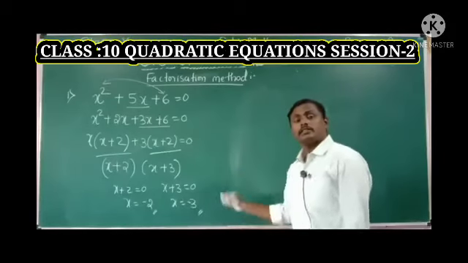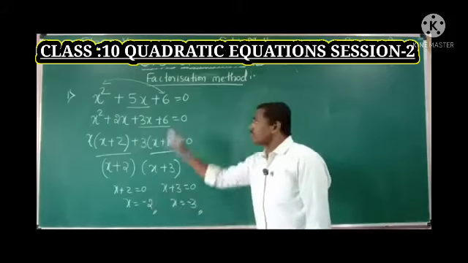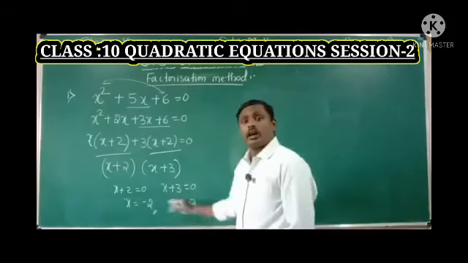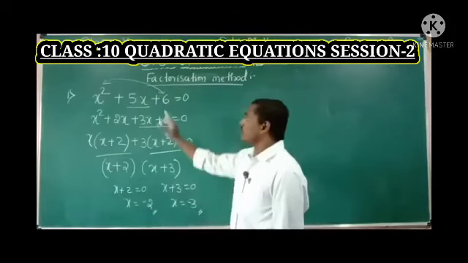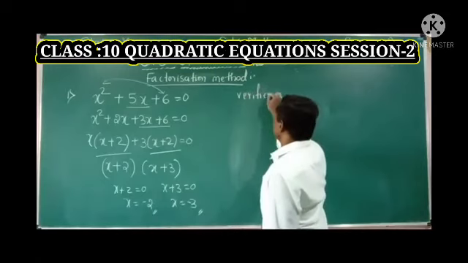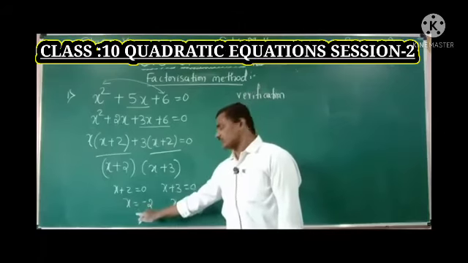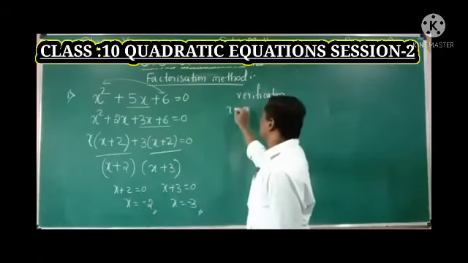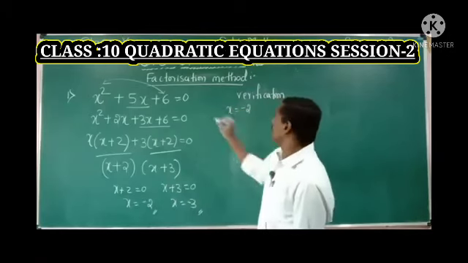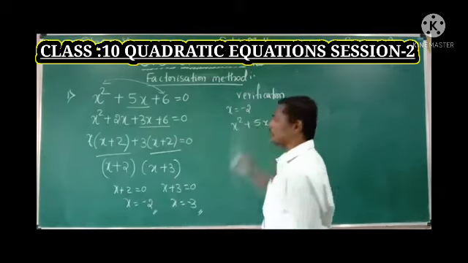Just verify whether our factorization is correct or not. By substituting these two zeros in the quadratic equation, we will verify whether the solutions satisfy the quadratic equation or not. For example, verification. The first zero or first solution is x is equal to minus 2. Substitute x equal to minus 2 in the quadratic equation x square plus 5x plus 6 is equal to 0.